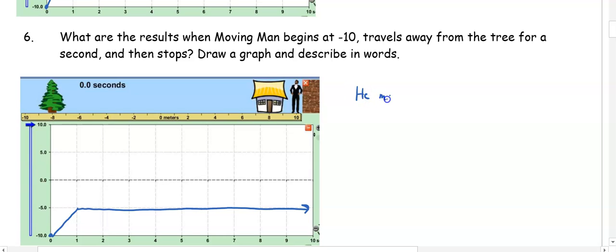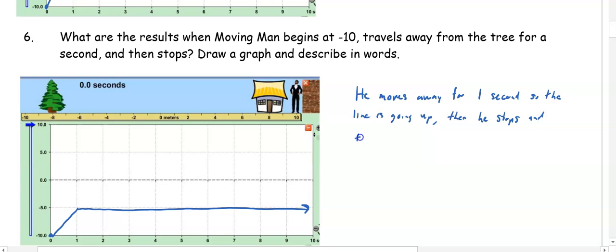So he moves away for 1 second. So the line is going up. Then he stops. And the line is horizontal.